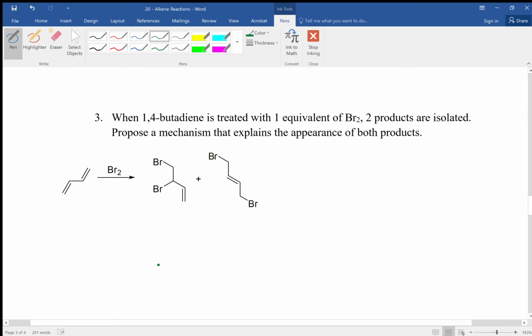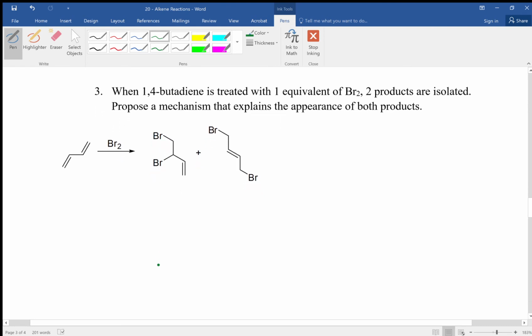Alright, our remaining questions are ones that ask us to look at some more unusual situations with alkenes. So, question 3 here, we have a reaction and we have two possible products that form. And we want a mechanism that accounts for both of them.